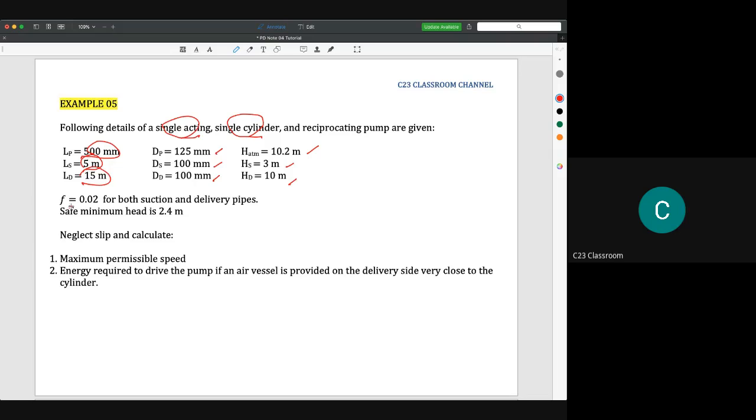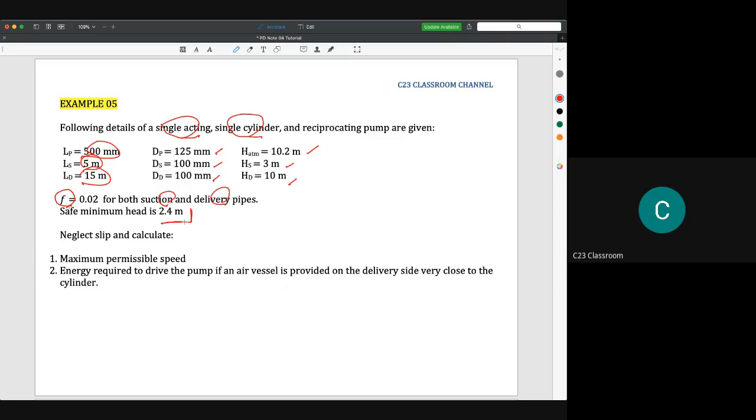It is given that the friction factor for suction and delivery pipes is 0.02, and the safety minimum head is 2.4 meters. This safety minimum head means that we need to make sure that no separation occurs inside the piston.